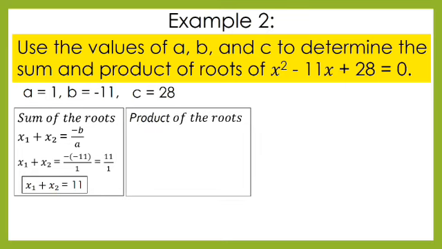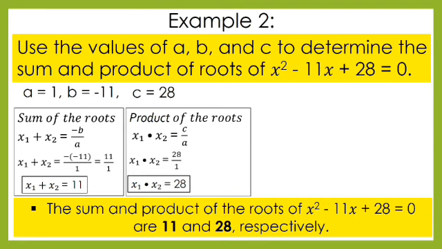For the product of the roots, x sub 1 times x sub 2 equals c over a. Substitute, the value of c is 28 and the value of a is 1. And then we simplify, the product of the roots is equal to 28.